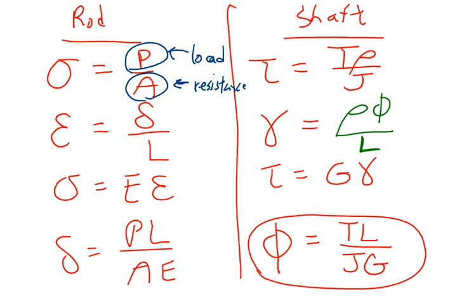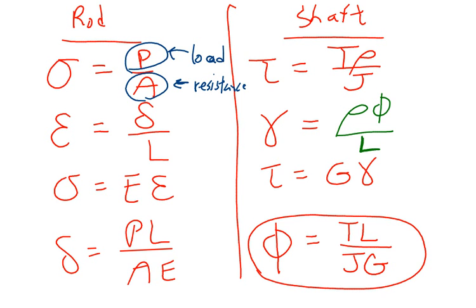When it comes to axial stresses or tension compression, remember we said that the force is spread evenly over the cross-sectional area, right? So the stress is the same anywhere on the cross-section. Now, if you go to the equation for the shaft, it's now a shear stress, but we should be able to maintain a pattern, meaning the shear stress in the shaft should be a function of load and resistance as well.